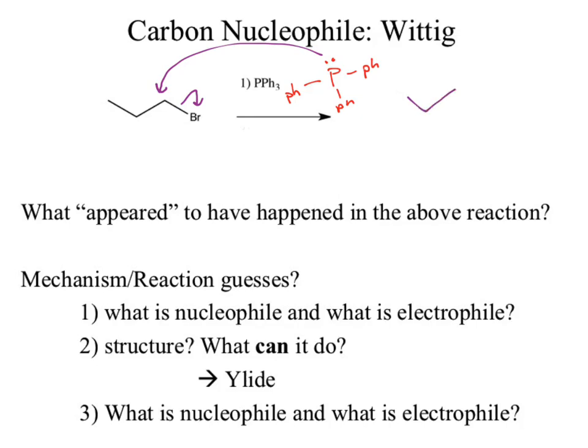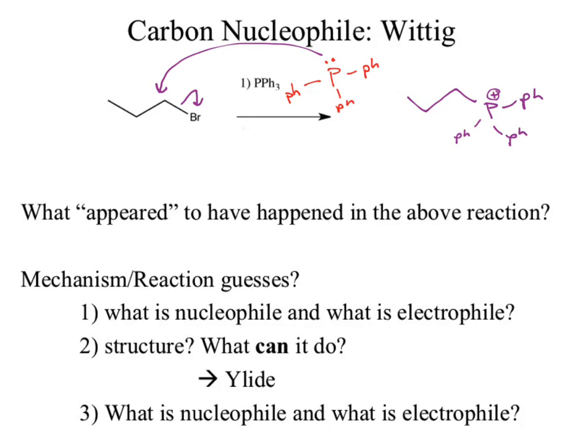Okay, what is the result of that? Almost. What's wrong with it? Charge. Phosphorus should be positive. Does phosphorus want to be positive? No. So it would want to get electrons. If it tried to grab electrons, we'd be stealing them from the Ph groups.